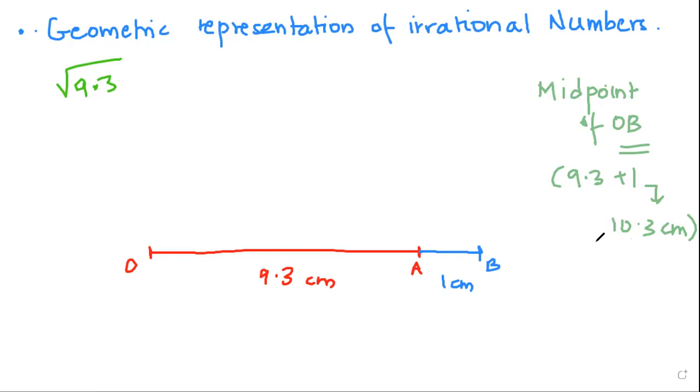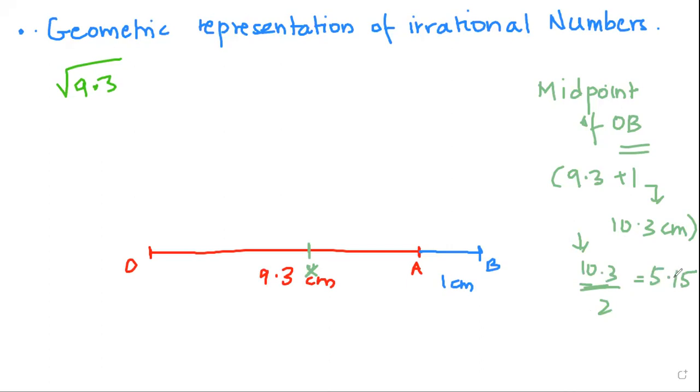You need to take the midpoint of this. This is the only part which will involve a little amount of calculation. If you're good at it, you can just observe with your scale and mark it. If you're not, you can divide by 2 quickly and get the midpoint. Let's call it x, so we don't confuse the terms. 10.3 divided by 2, so the midpoint would be around 5.15.